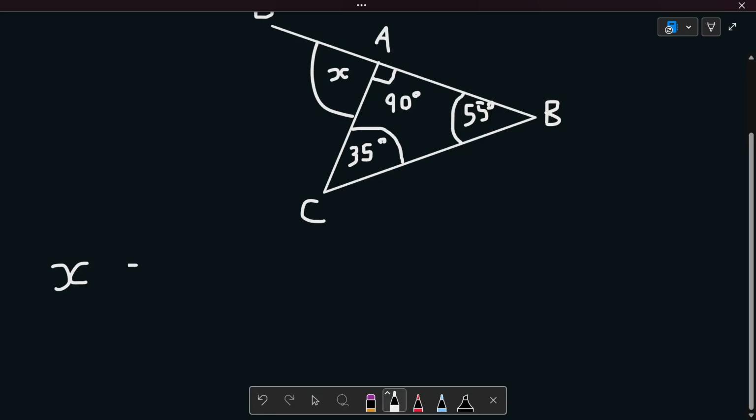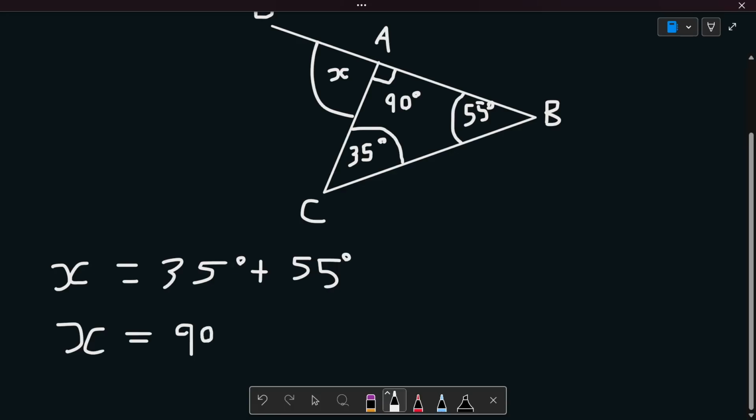We're going to say X is equal to the sum of 35 degrees and 55 degrees. And what is this X going to be? If we add them together, we get 90 degrees. So you can clearly see that, yes, of course it was going to be 90 degrees, but we wanted to use the exterior angles of a triangle to actually solve for that.